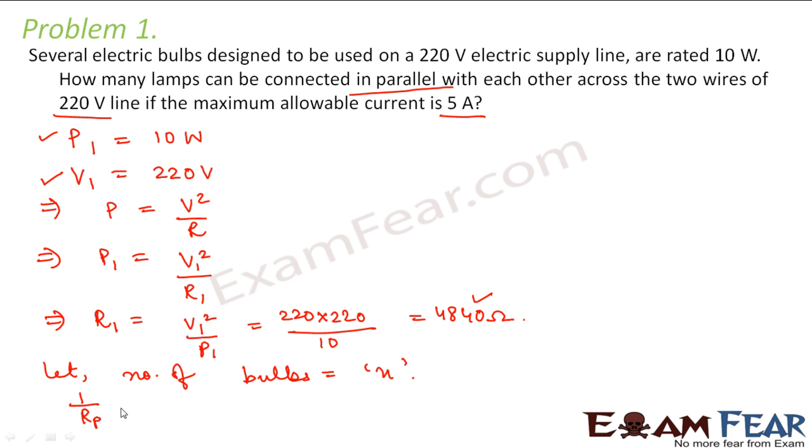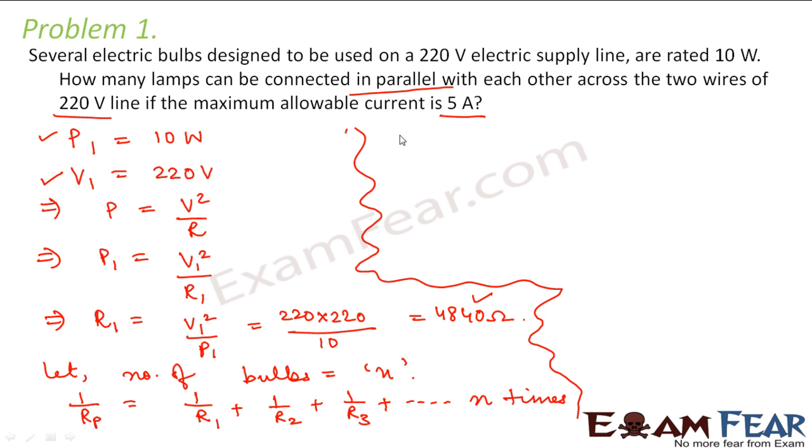1 by Rp, if Rp is the equivalent resistance, will be equal to 1 by R1 plus 1 by R2 plus 1 by R3, added n times because I have assumed that the total number of bulbs is n.